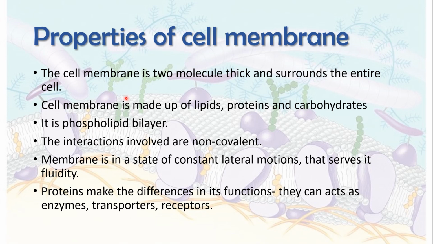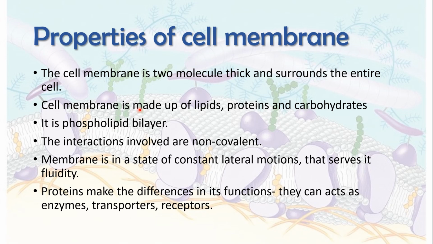The cell membrane is 2 molecules thick and surrounds the entire cell. So we know the cell membrane is composed of 2 membranous structures, the inner one is the inner membrane and the outer one is the outer membrane.